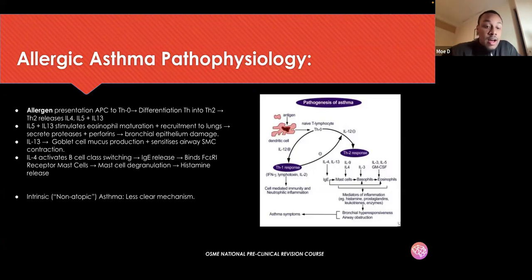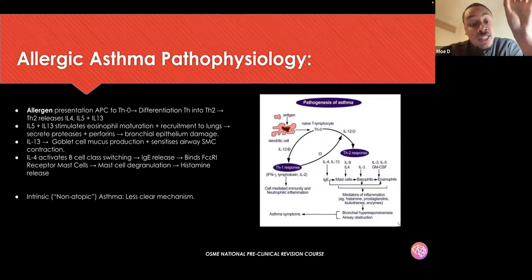Another important cytokine is IL-13, which acts on the goblet cells to produce mucus in the airway. It also sensitizes the airways to smooth muscle cell contraction, which causes the bronchoconstriction. And then you've got IL-4, which activates B cell class switching, and these B cells produce IgE.